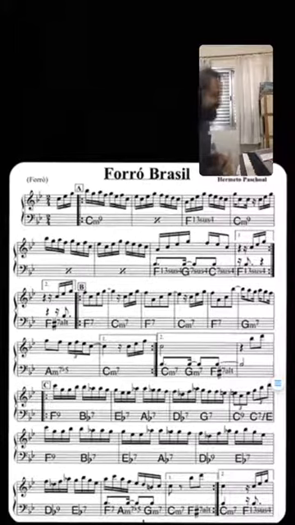The 16th note with the accent in the upbeat.